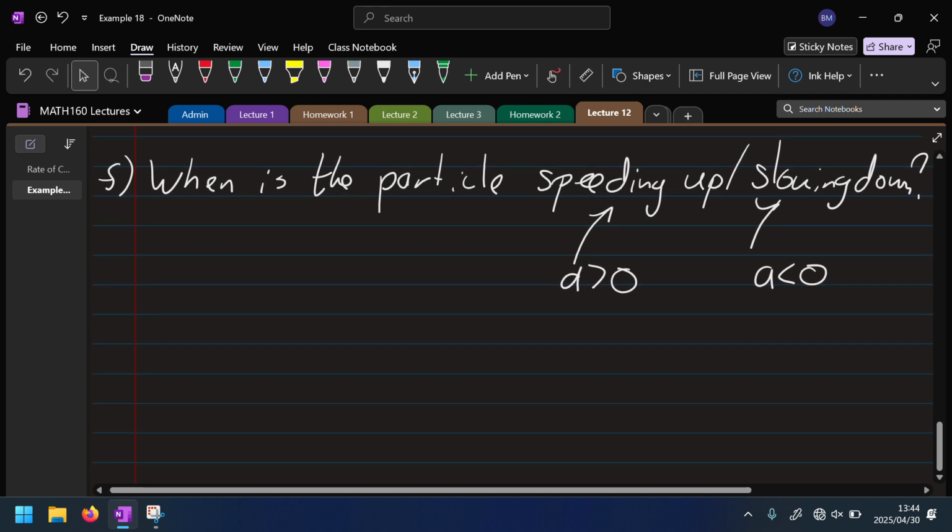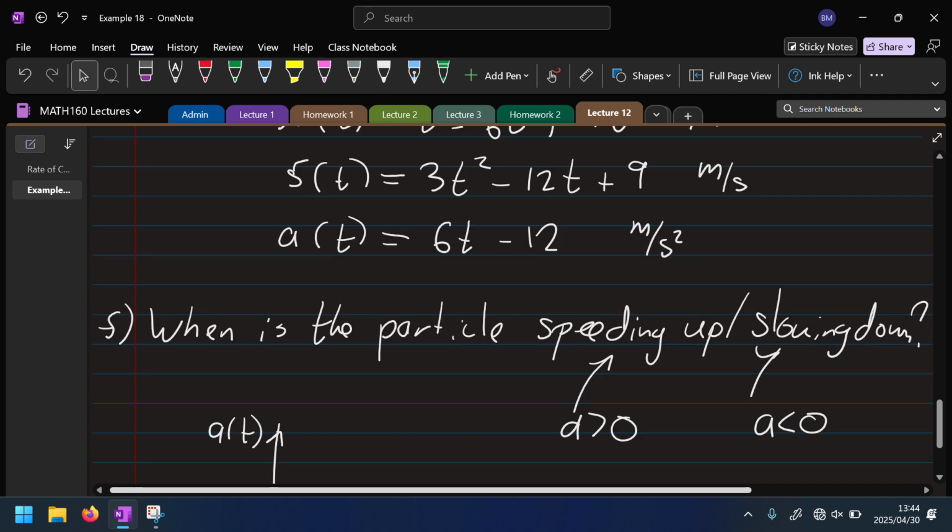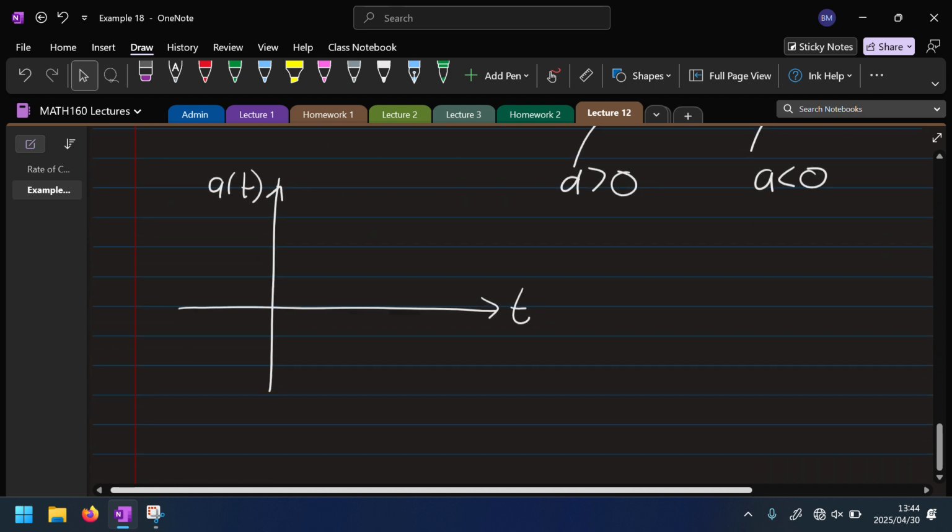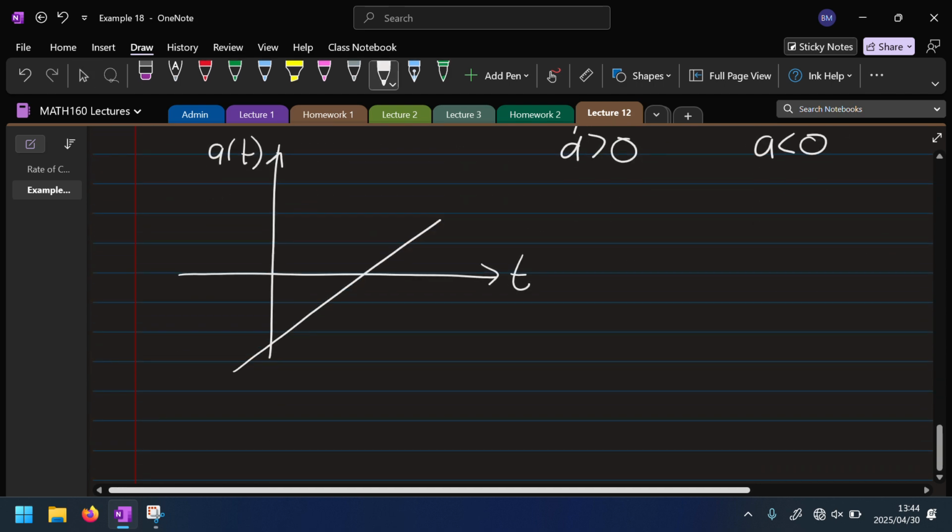So we can draw a graph for this as well. Here we have t, here we have a of t. It's just a straight line. You can sketch this quite easily, just something like that. That first little bit there, the acceleration will be negative. This is t equals 2. So that's a minus, and then that's a plus. From 0 to 2, a is less than 0, so negative acceleration, so slowing down.